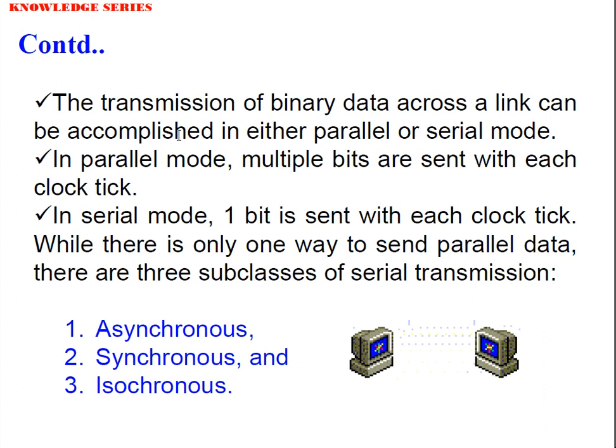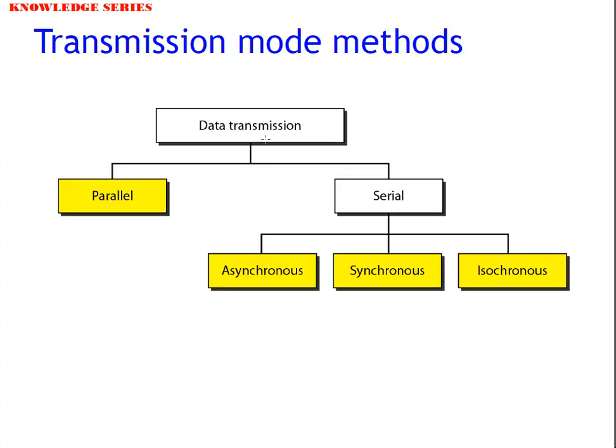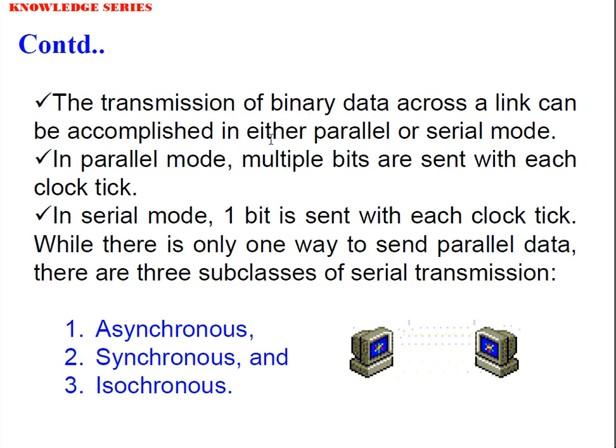Here you can see that the transmission of binary data across a link can be accomplished in either parallel or serial. That means any data transmission is in the form of bits. So that's why analog to digital conversion should take place. That's what it talks about, binary data in bit form.